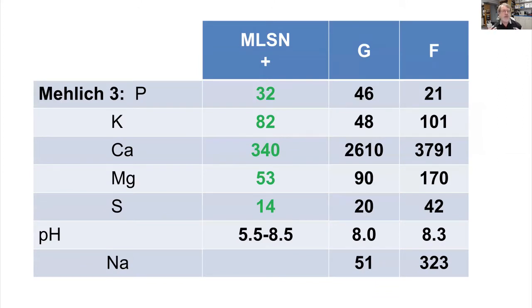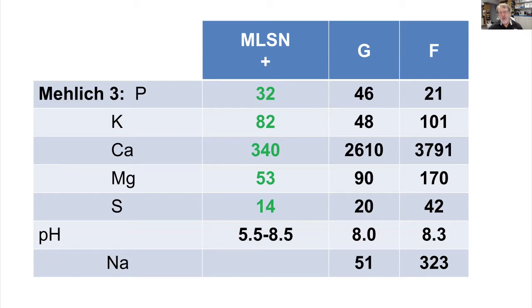Now, if we look at the soil testing results from Old Head, we've got Mehlich 3 phosphorus at the top. The G is greens, F is fairways. Greens, we're looking at 46 parts per million in phosphorus. Fairways at 21, so they're a little bit on the low side.